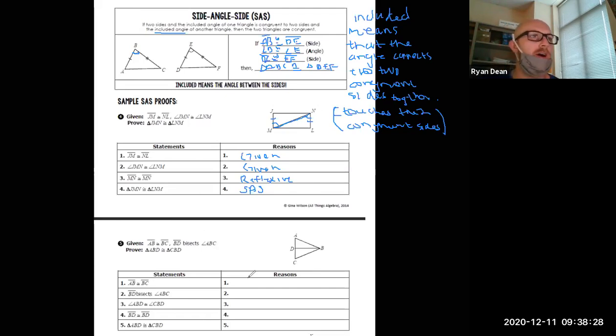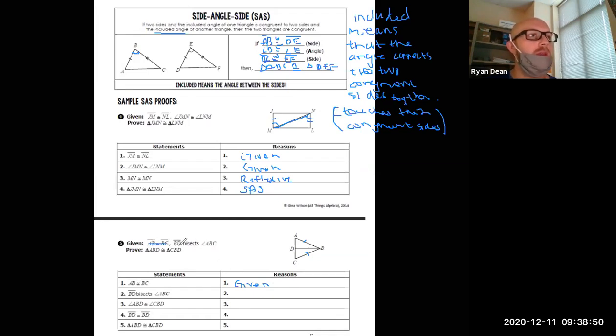Down here for number 5, we're just going through the same process again. We look at our given statement, AB is congruent to BC. That gives one hash mark, and we know that this is a given statement. So we took care of that.